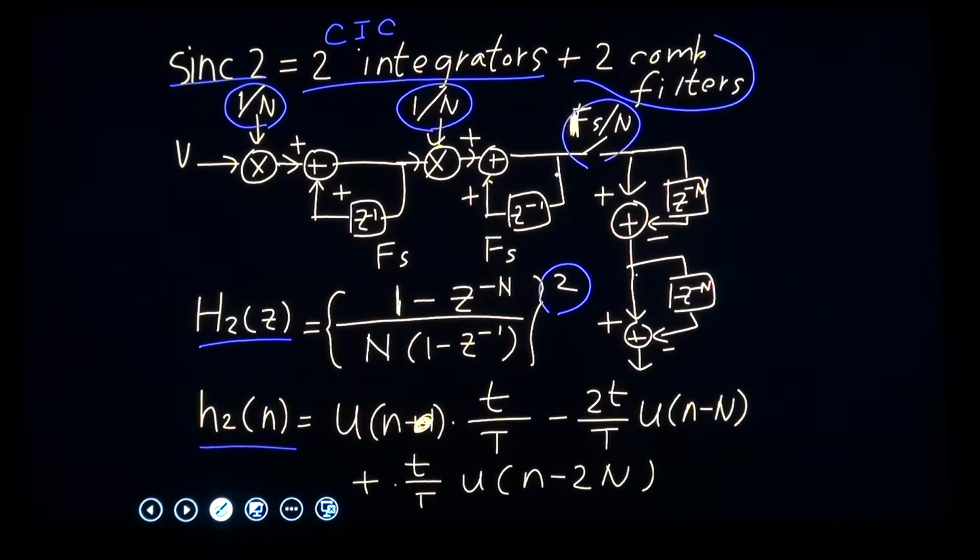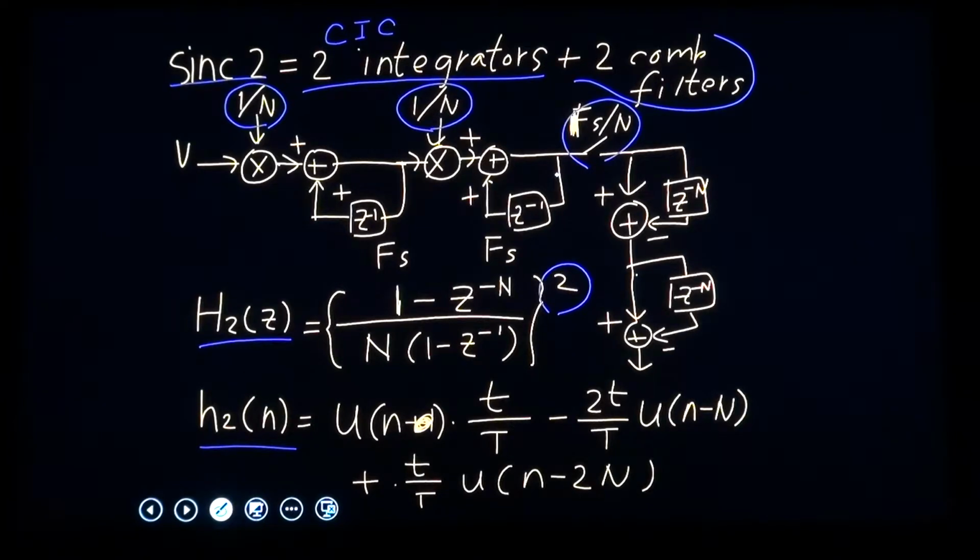For the second order sinc function, this is also implemented by a CIC filter, Cascaded Integrator and Comb filter. So in this case, we have two integrators, followed by two comb filters.